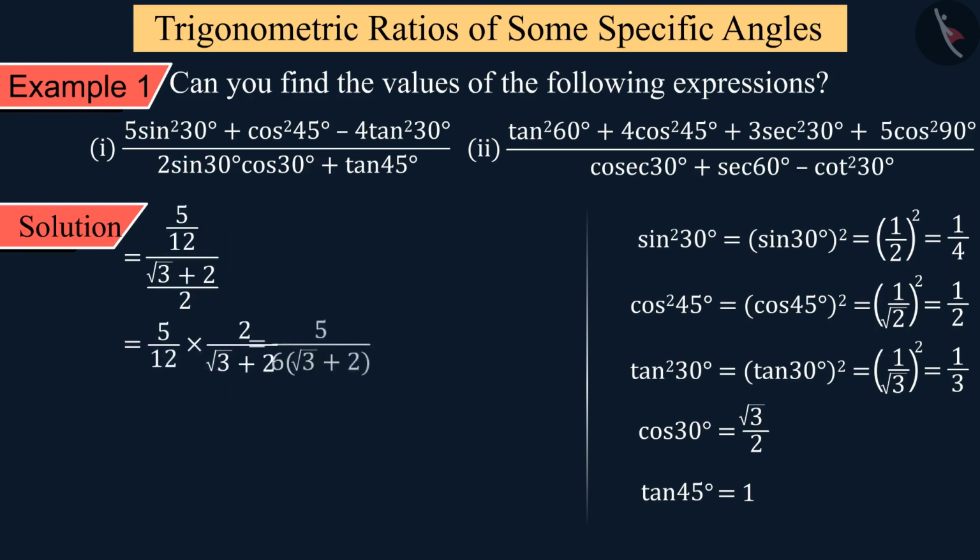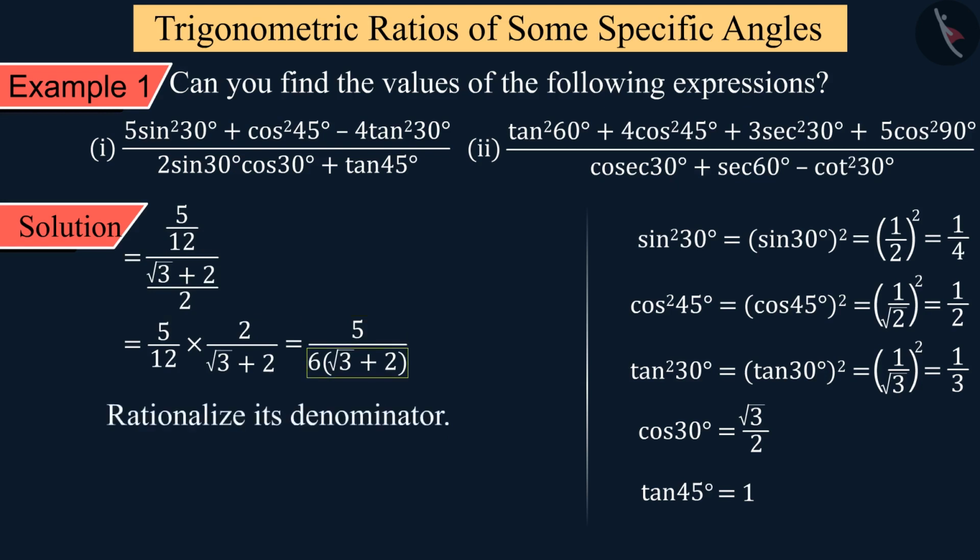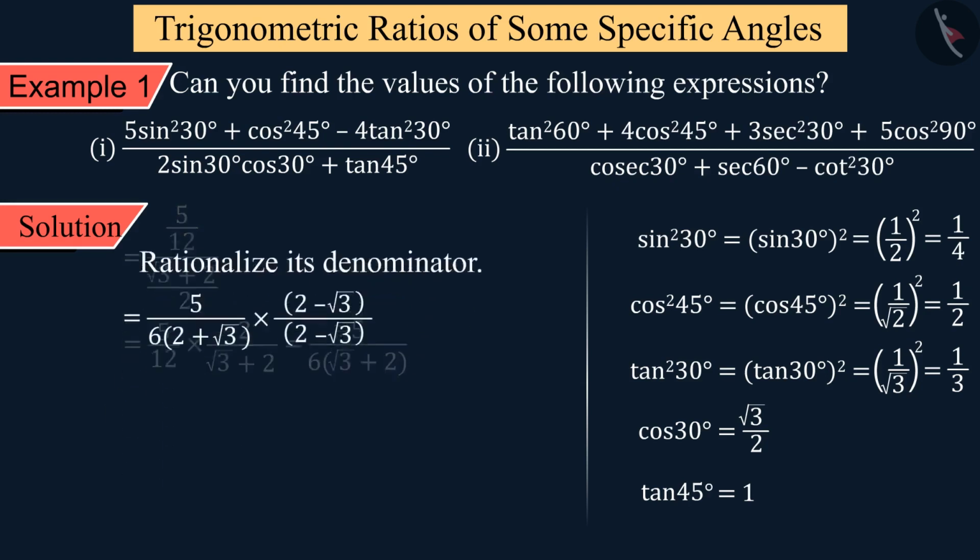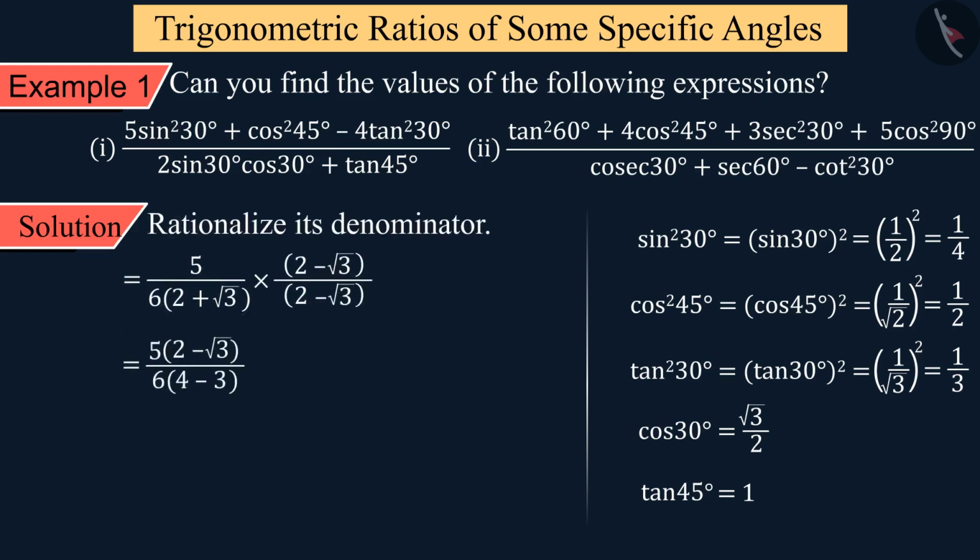Therefore, the value of the equation obtains 5 upon 6 multiplied by square root of 3 plus 2. To simplify the value further, we rationalize its denominator, from which we get its value 5 multiplied by 2 minus square root of 3 upon 6.